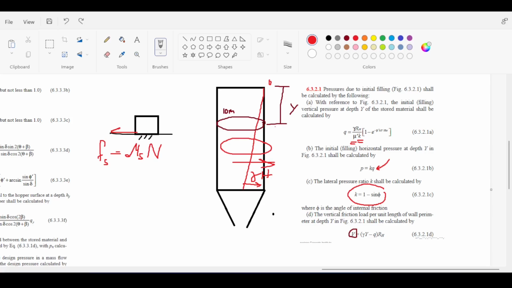This also takes place in the silo because think about it. What is the force that pushes perpendicular to the surface and causes a reaction from the surface?